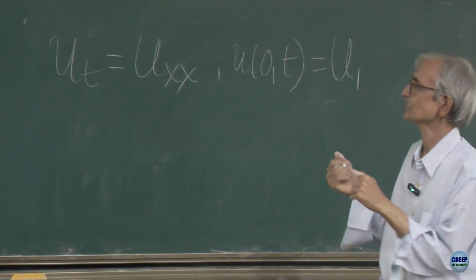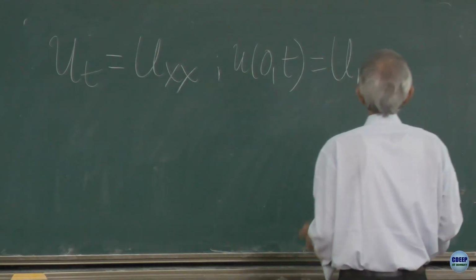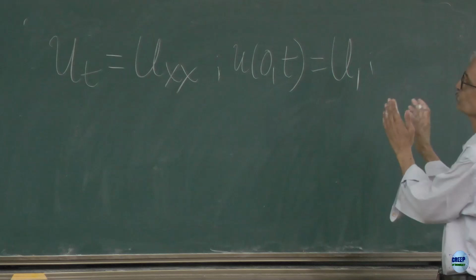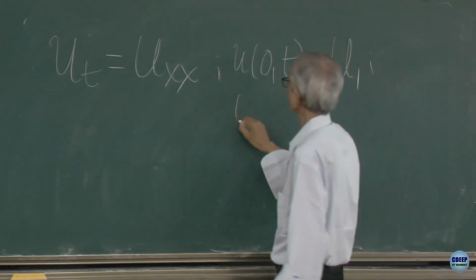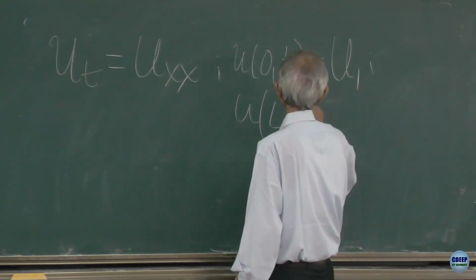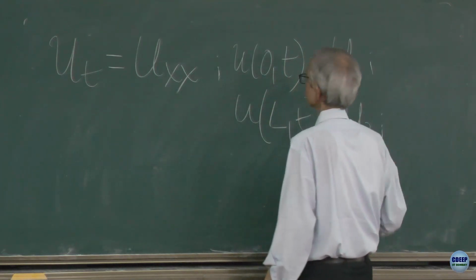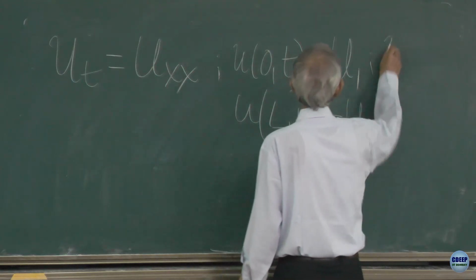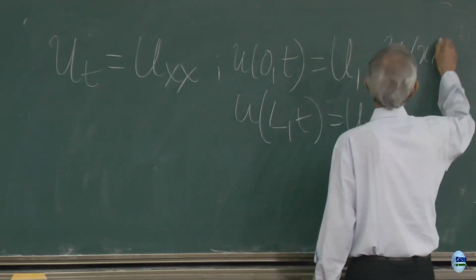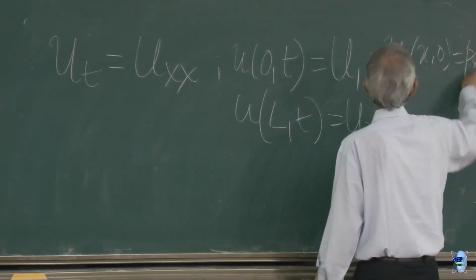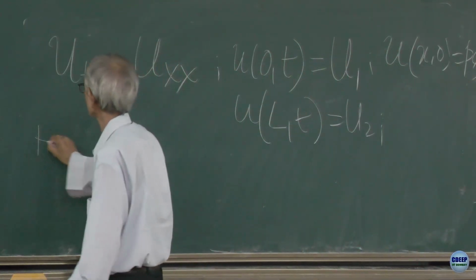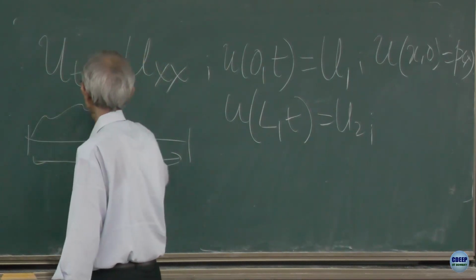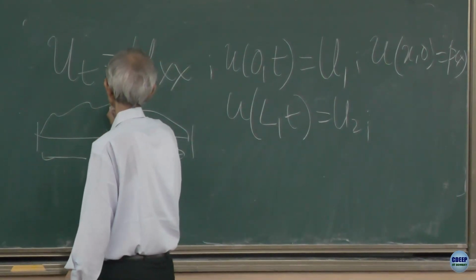The next relaxation is where we are going to make it a function of time. But as of now, let us just say that this is a constant u1, and u of L and t is going to be u2, and u at all x at time t equal to 0 is again some px. So this is our domain and this is the initial condition.